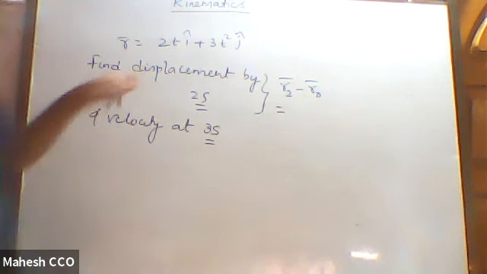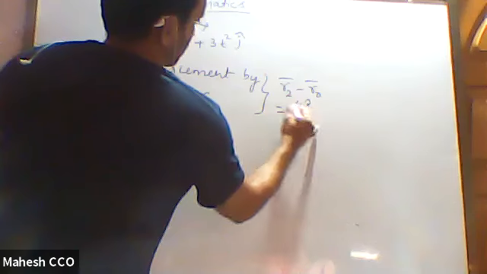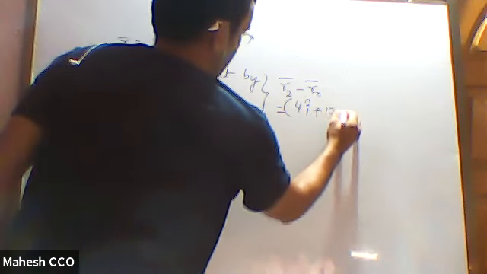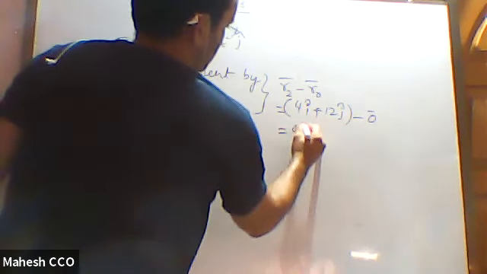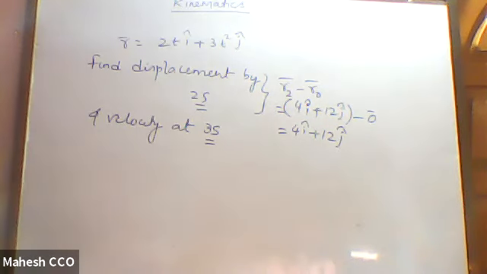So at 2, we have 4 i cap plus 3 into 4, that is 12 j cap, minus 0 bar. So by the time 2 seconds, the displacement is 4 i cap plus 12 j cap.